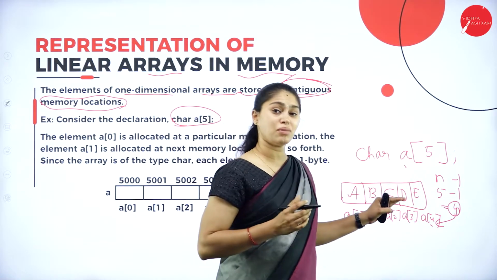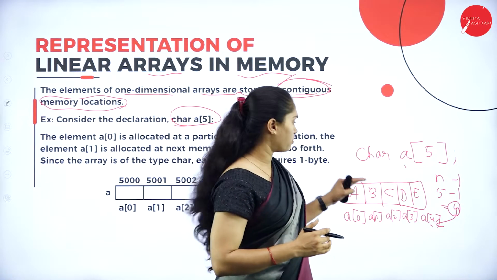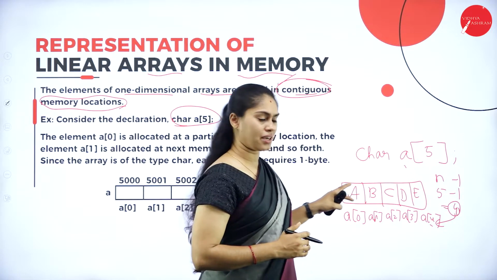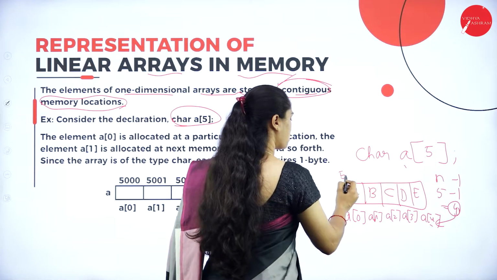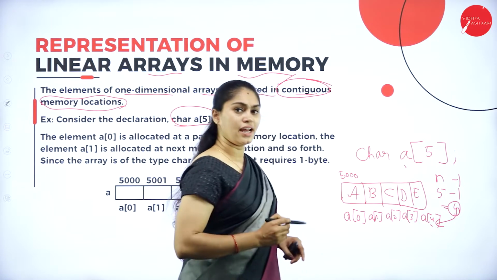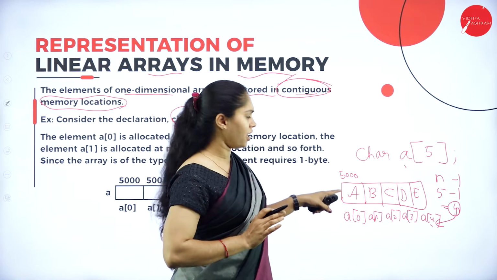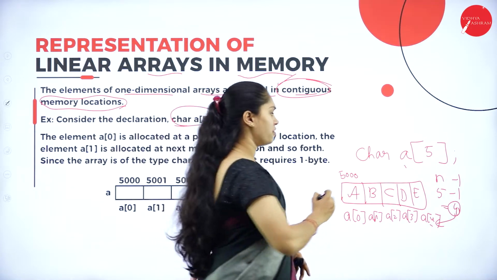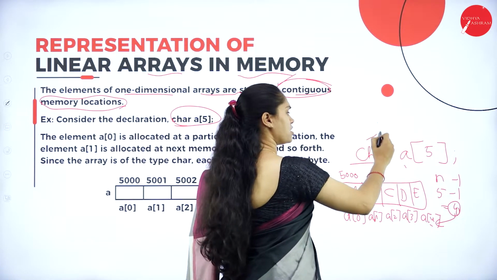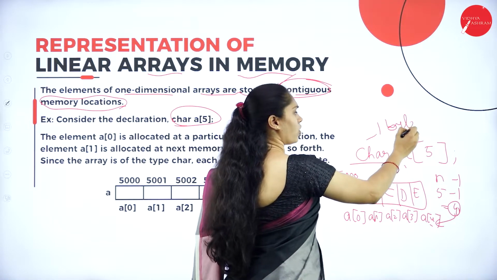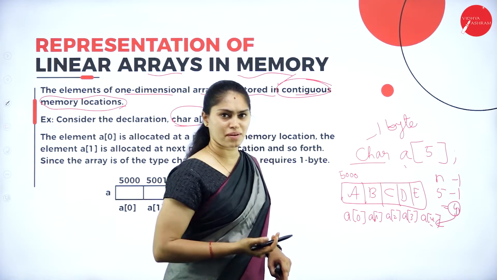Then, what is the memory location? If I get to know the memory location of the first element, for example, consider this is 5000. It is in memory location 5000. This is a random number, a compiler generated memory address. If it is character data type, this is 1 byte. Then, what does contiguous memory location specify?